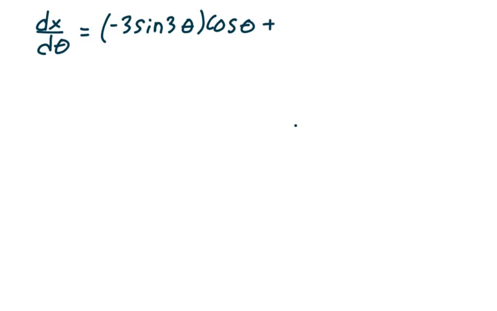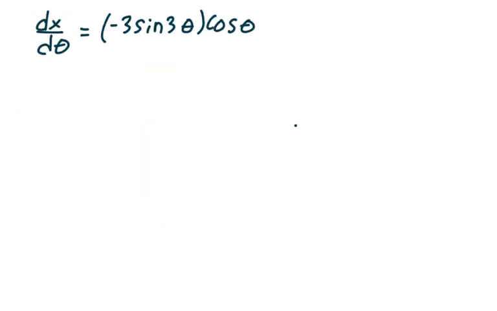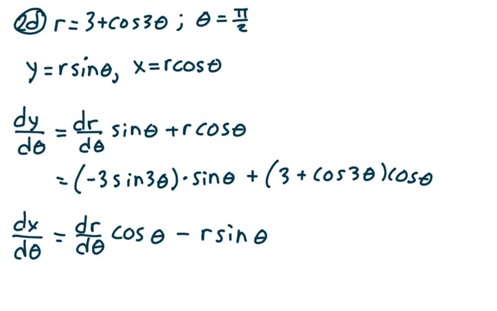And I'm going to go plus, or if it's easier, we can do minus. So I'll do minus. It's either minus r or plus a negative r, right? And then I'm going to put r, which is 3 plus cosine 3θ, and then I'm going to multiply by sine θ.